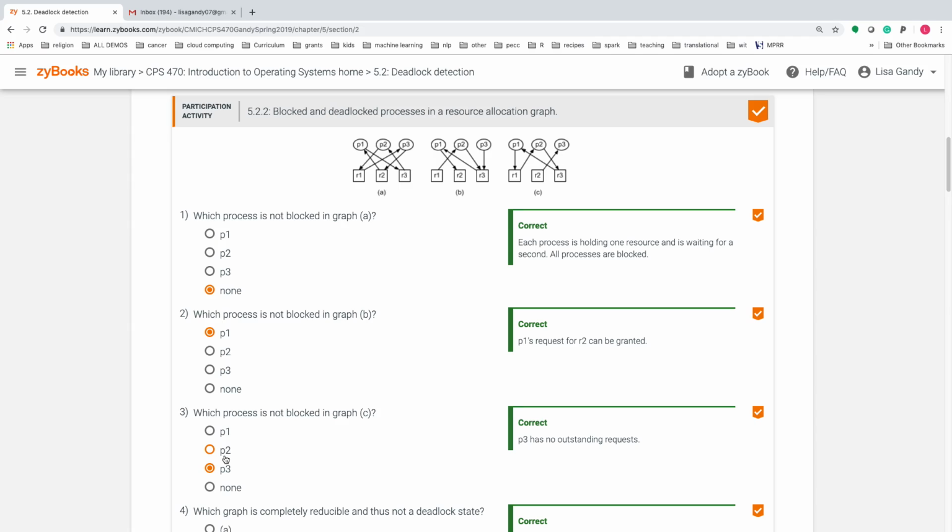P3's gone. P2 went to R3. And then R3 goes to P1. Oh, that's gone, so it's just not being used at all. And then that's a cycle. Yeah. It is. These are both blocked. Yeah. Okay.